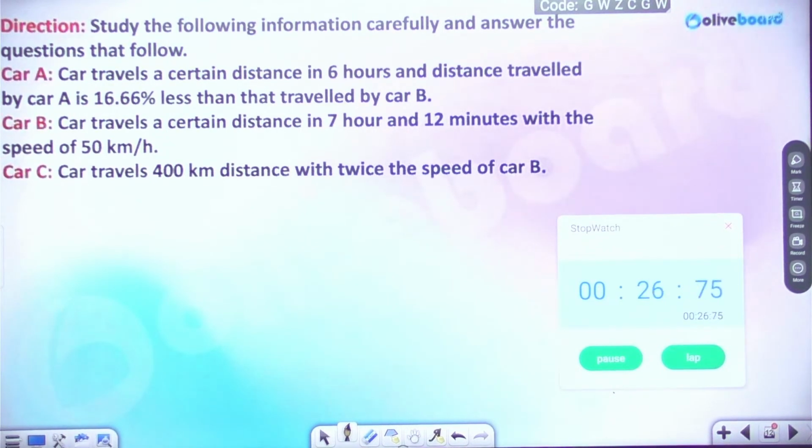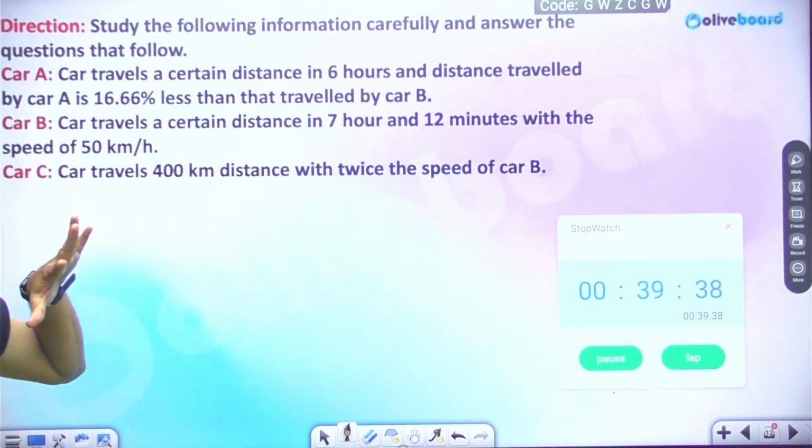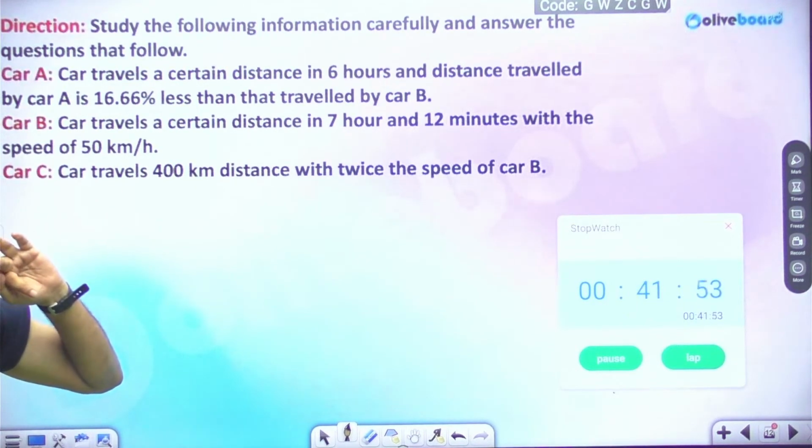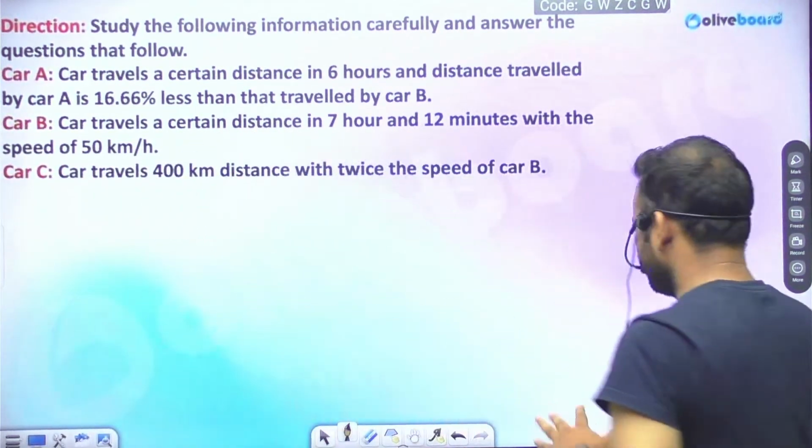There are 3 cars, car A, B and C. Car travels the distance at some speed. So this is a concept of speed, time and distance. Clear? So let's solve it.